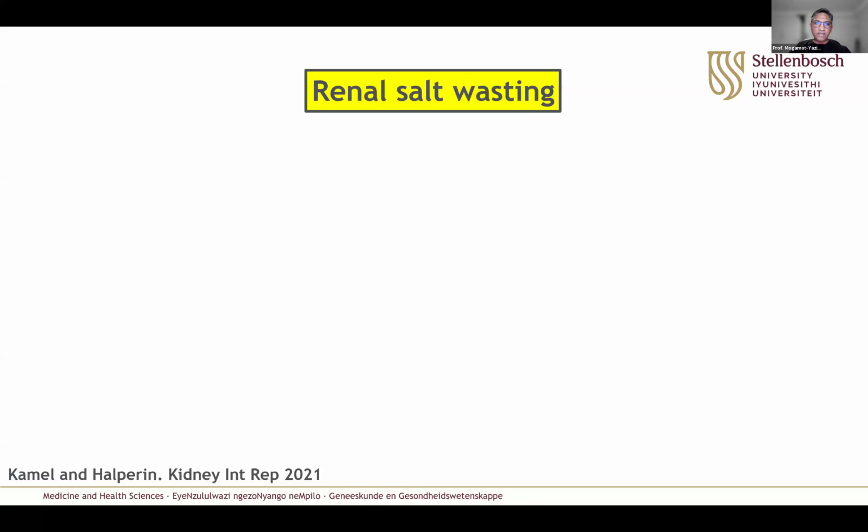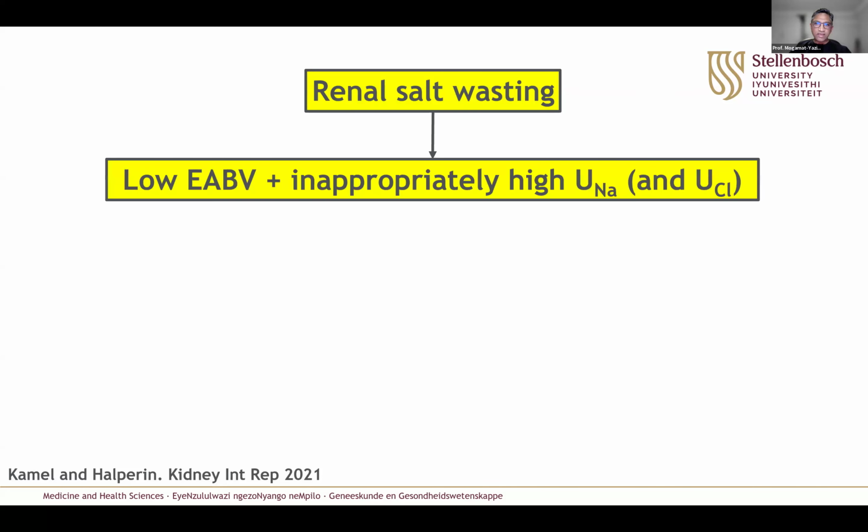So we mentioned that from an ECF volume perspective, the patient did have renal salt wasting. As I mentioned earlier, the kidneys in the face of hypovolemia should be excreting less than 20 millimoles per liter of sodium in the urine. And in our patient in this case, it was 121 millimoles while the patient was ECF volume contracted. So the combination of a low effective arterial blood volume along with a high urine sodium concentration indicates renal salt wasting.